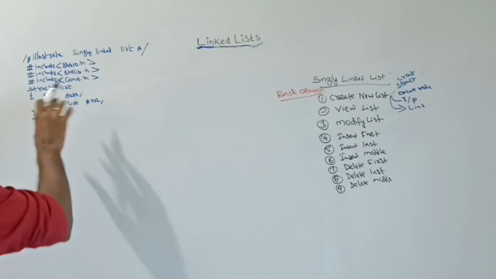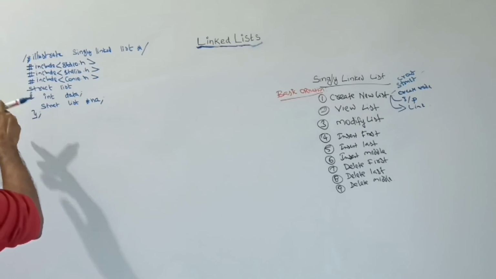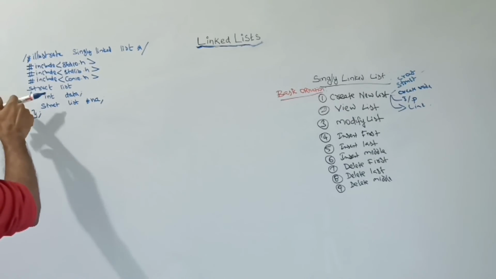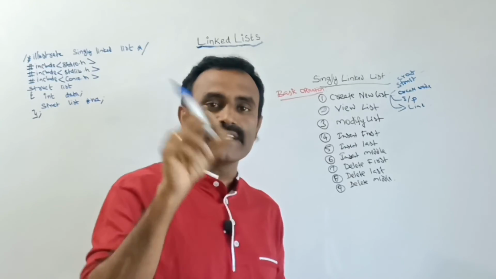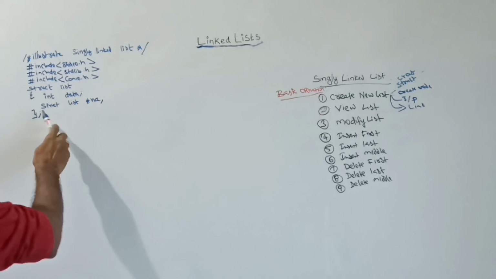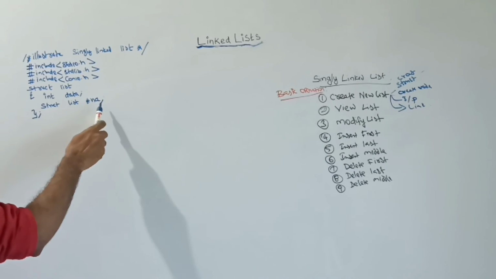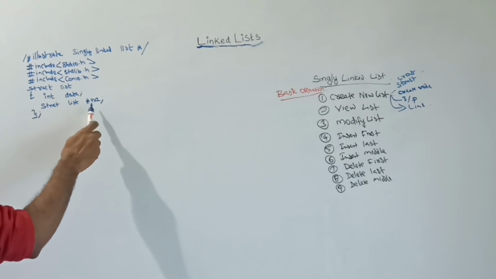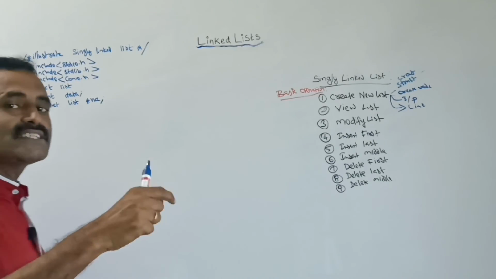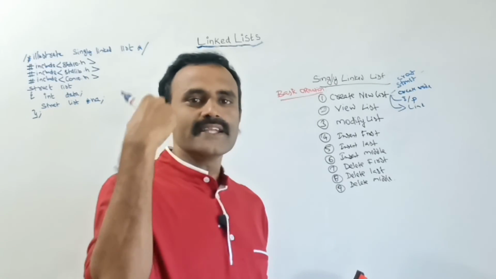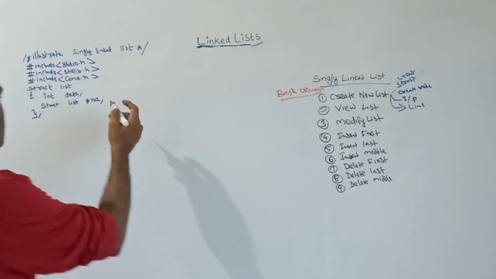The structure name is list. Inside I have two structure members. The first one is used for storing the data. The next field is a pointer variable I have declared. With the help of this pointer variable, we can store the address. That is, we are storing the relations. That is the link.